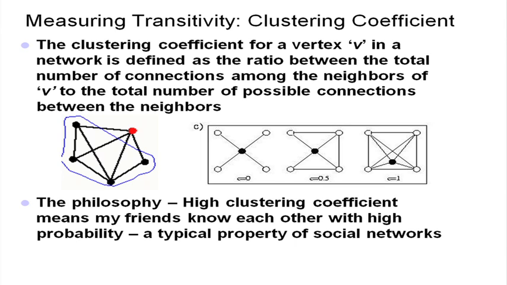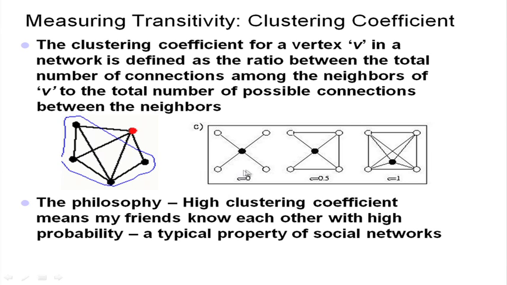Now, for this part of the lecture, I have shown you 3 examples in the slides. In the first example, the clustering coefficient for that black node in the center is equal to 0, because there is no edge that exists between its neighbors.